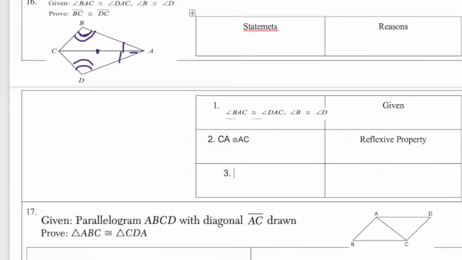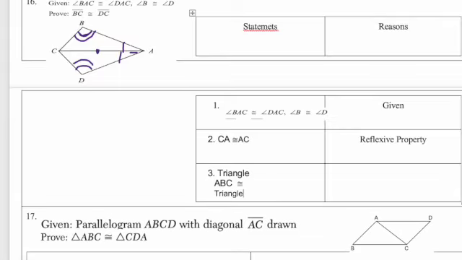Okay, and then we have triangle, I'm just going to write out the word because it's easier, triangle ABC is congruent to triangle ADC. And this is by angle, side congruence theorem.